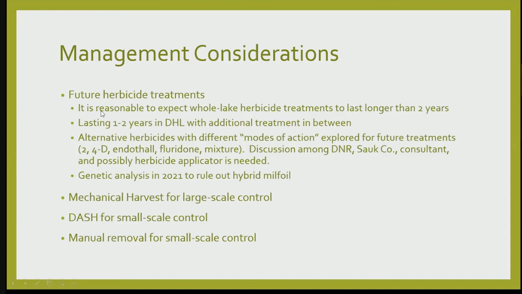Then of course there's mechanical harvest for large scale control and manual removal for small scale control. And so I think that ultimately, looking at the numbers, looking at the longevity of herbicide control, consideration of additional alternative control measures would be worthwhile. And that completes my presentation.